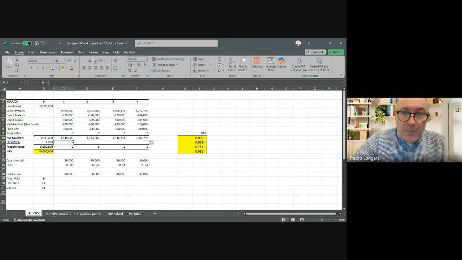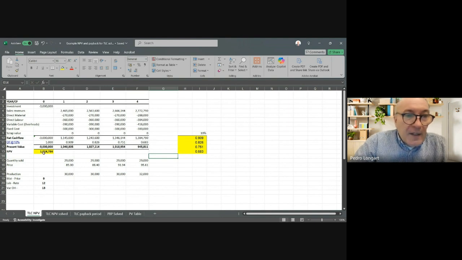And then again, put these values here, 0.9091, which I had before, 0.826, 0.751, 0.683. So you're going to see how it is multiplying that.